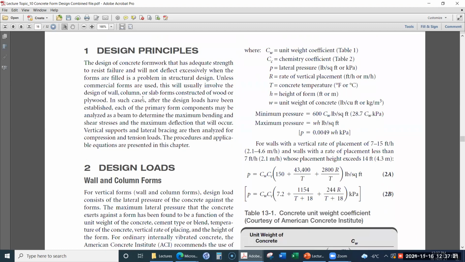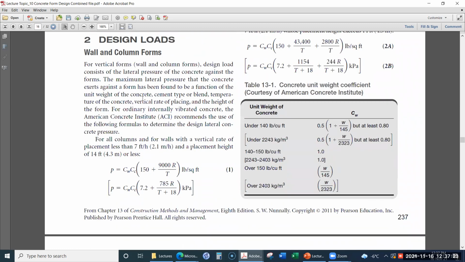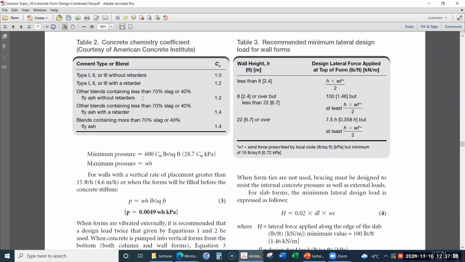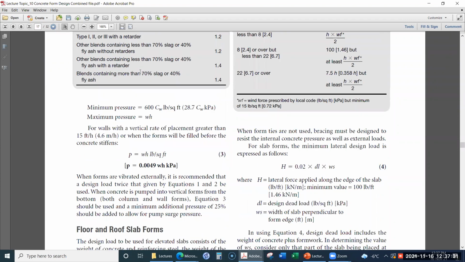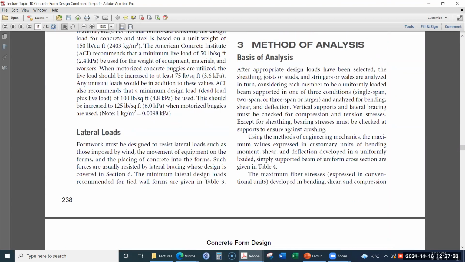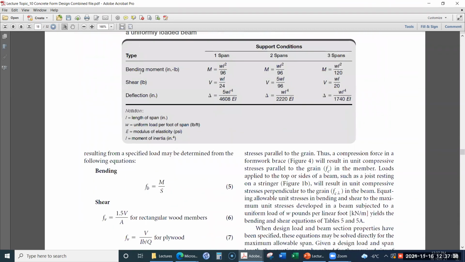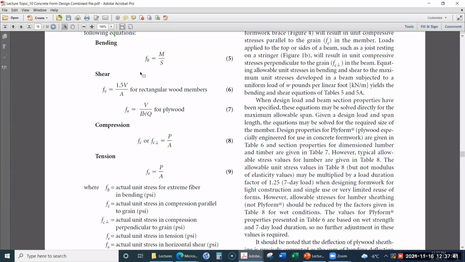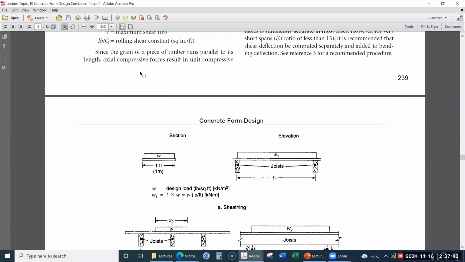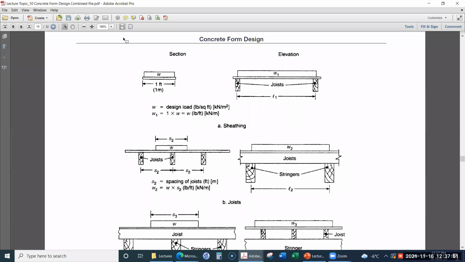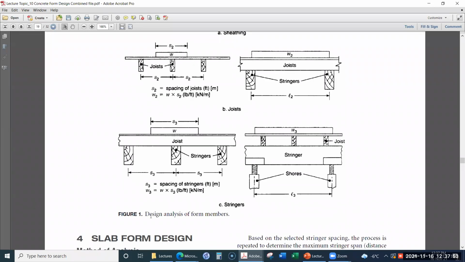Here these equations have been explained, along with the basis of the design and the analysis method. We have to see this figure first. This is the figure for the design analysis of the form members.